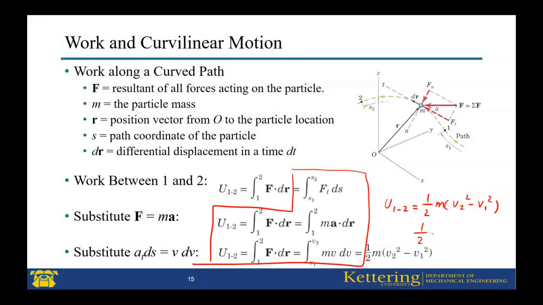Do you know what 1 over 2 m v squared is called? Does anybody know? What is 1 over 2 m v squared called? What is this expression called? Have you ever heard?